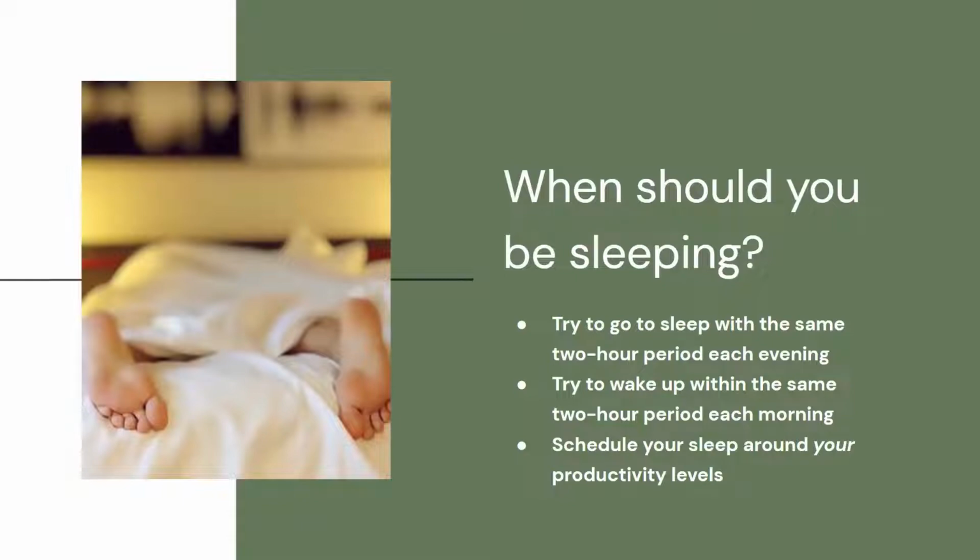So I generally suggest to folks that you try to go to sleep within the same 2-hour period each evening, and similarly try to wake up within the same 2 or 3-hour period each morning. Of course, you can't necessarily stick to the same times every day, but you're less likely to have one day totally throw off your schedule if you can be somewhat consistent.